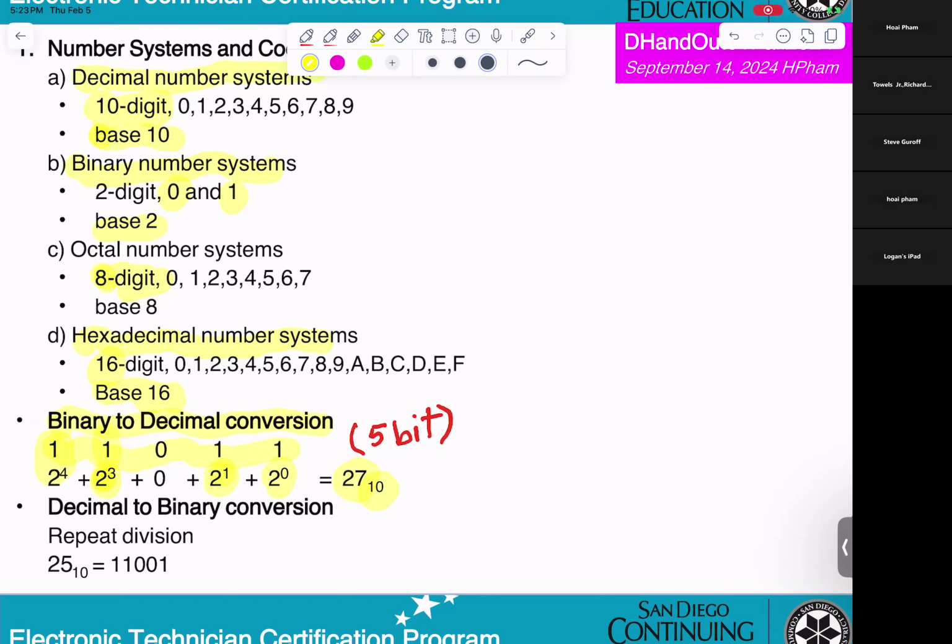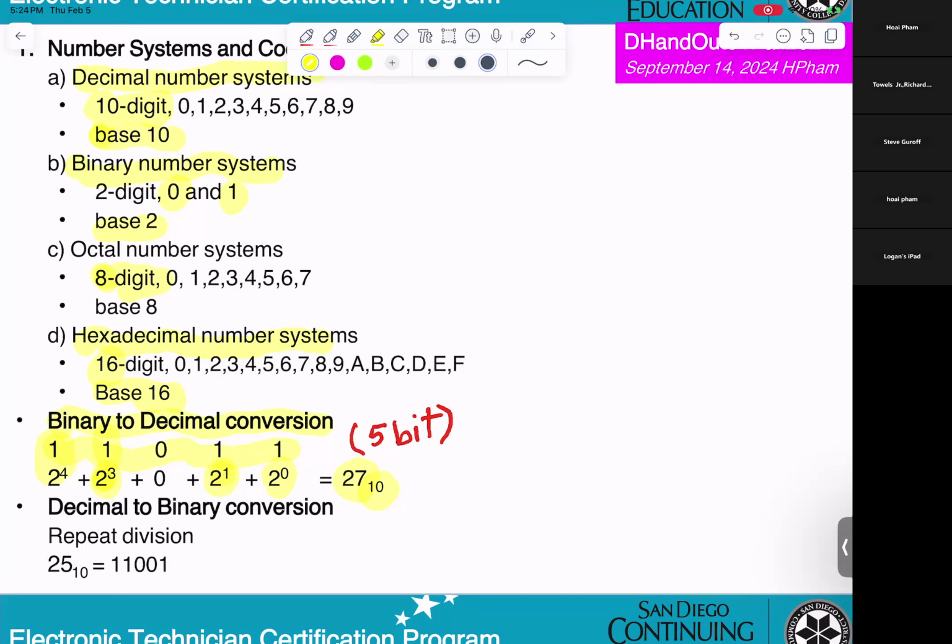That means decimal. To convert binary to decimal, you have to follow this way. If you get a question, just let me know. 2 power 4 means 2 times 2 times 2 times 2, 4 times, right?